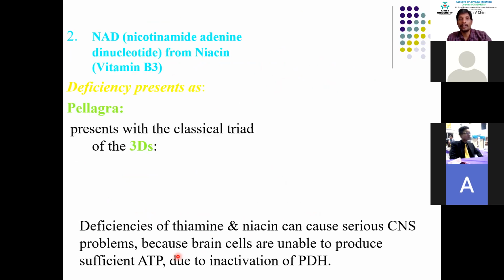Another vitamin, B3, niacin, is needed for nicotinamide adenine dinucleotide, NAD, another coenzyme for the pyruvate dehydrogenase. If you have a deficiency of vitamin B3, it leads to pellagra, that is diarrhea, dermatitis, and dementia, and it can also cause serious central nervous system problems.